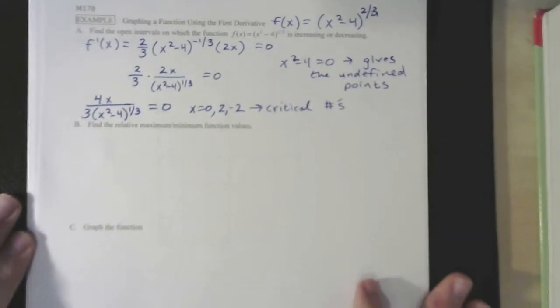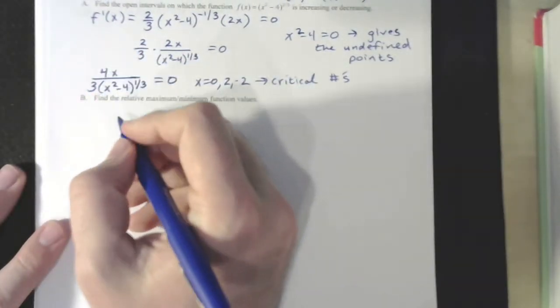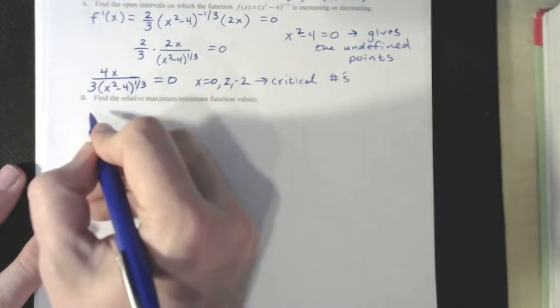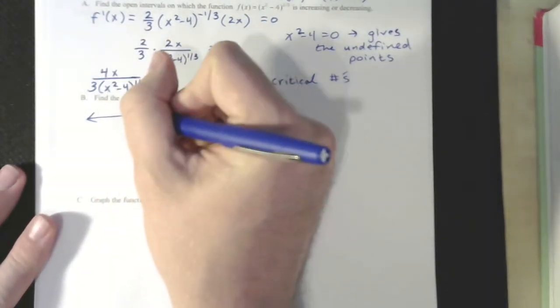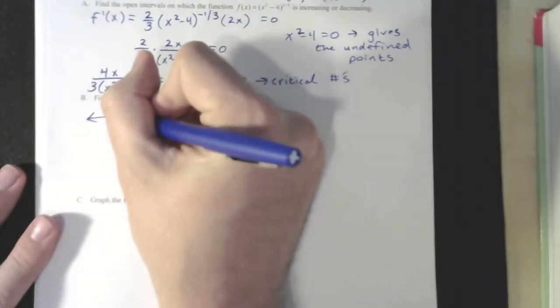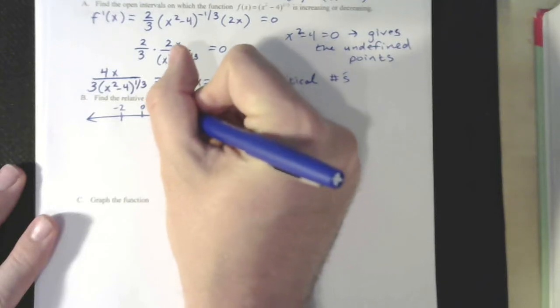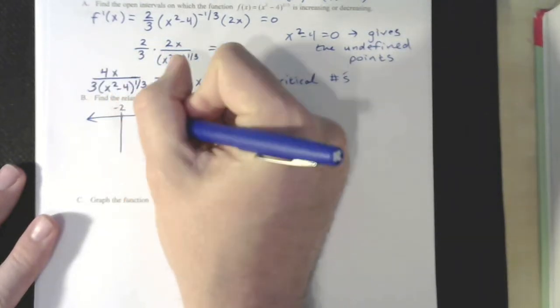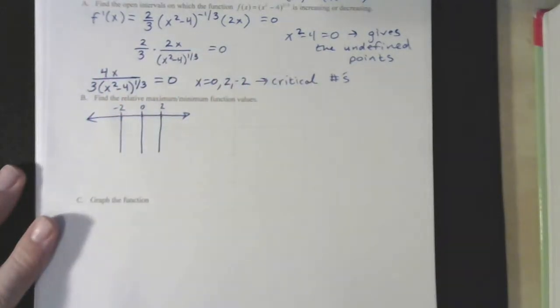So, part B, we're finding the maximum and minimum function values. So we're going to set up our first derivative test. And we're going to split 3 places, at negative 2, at 0, and at 2. So we have 1, 2, 3, 4 things to test.